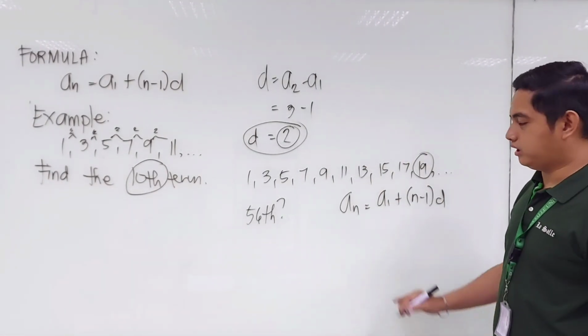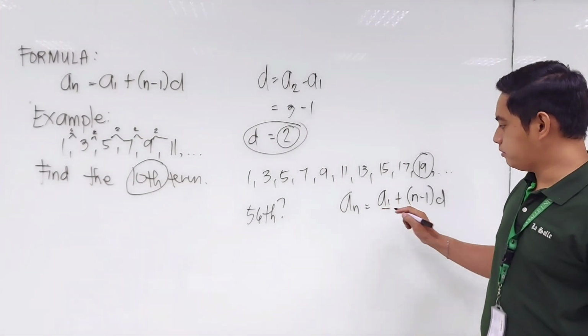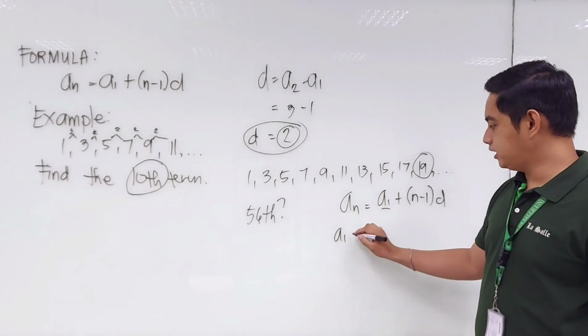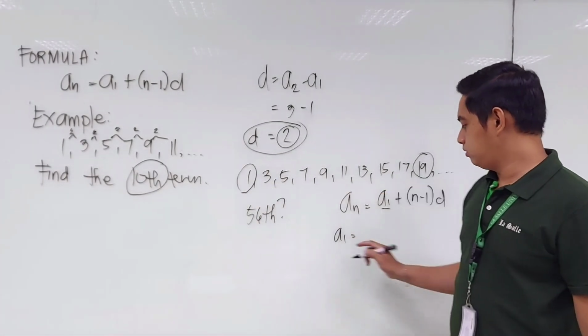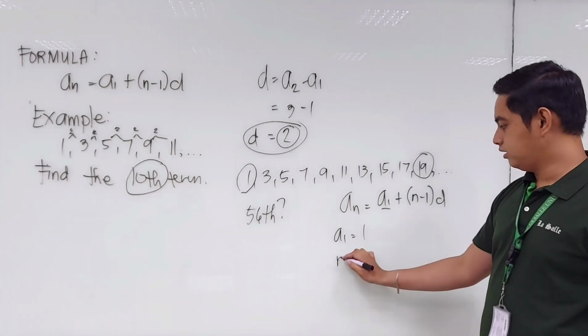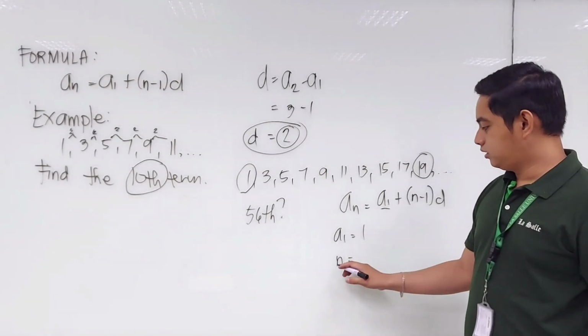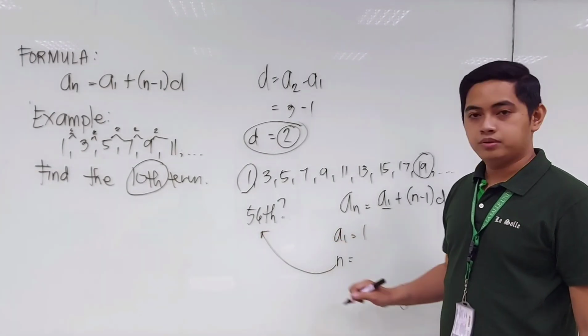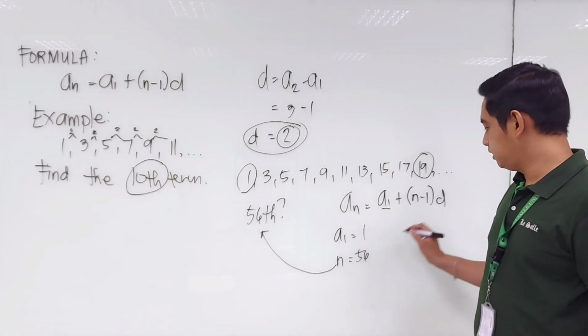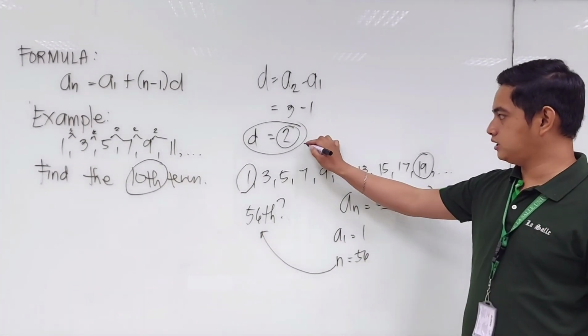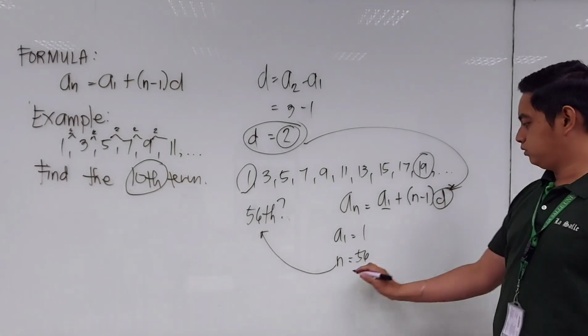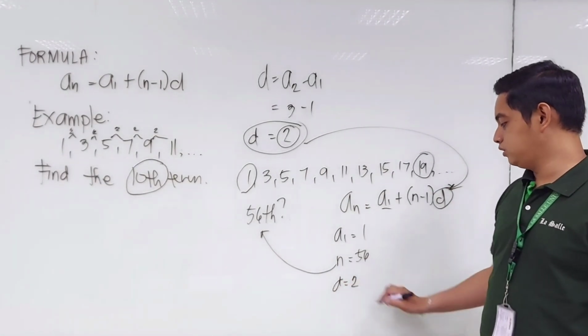First, we need to find the given. So we have a sub 1, right? a sub 1 is equal to 1. n, the number of terms, is 56. And our common difference is 2.